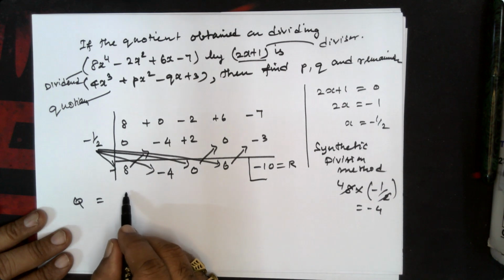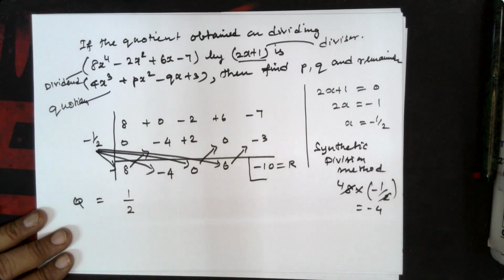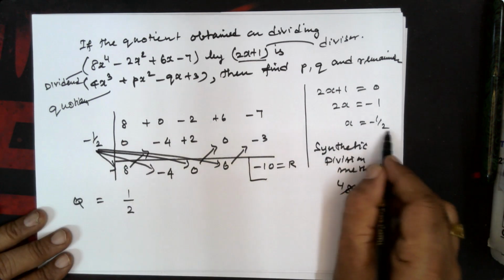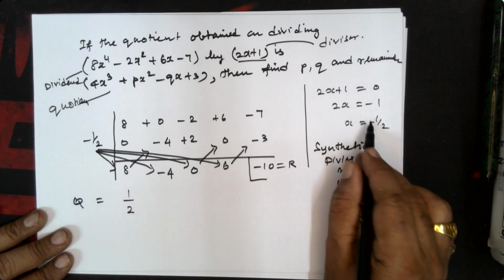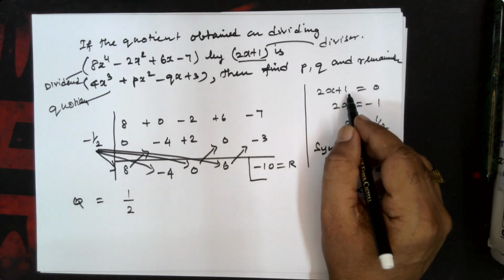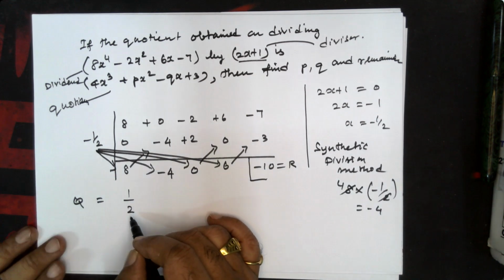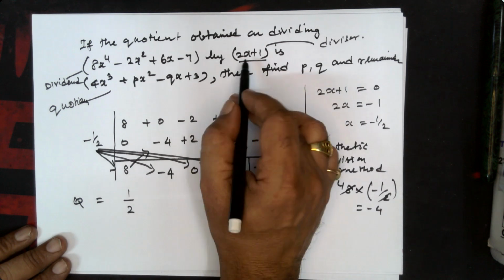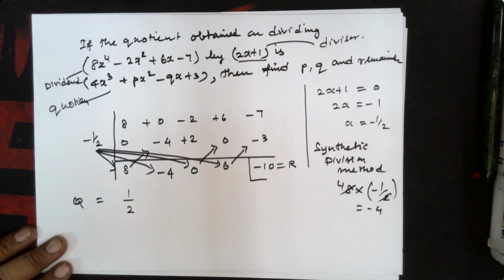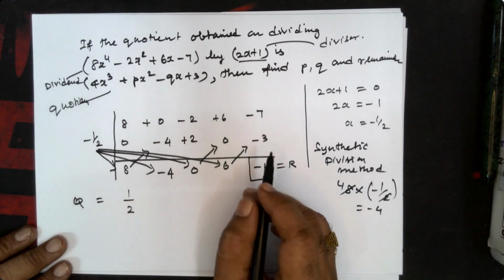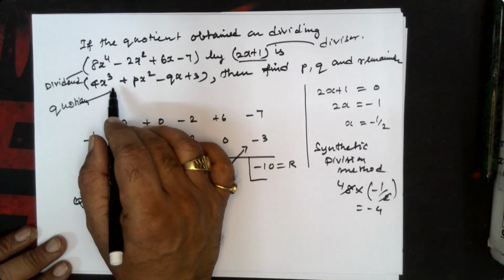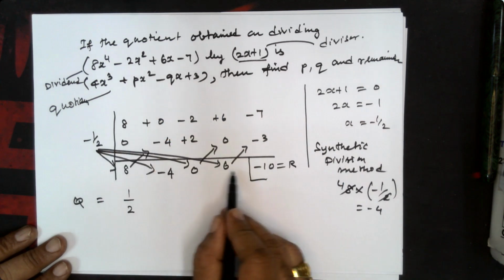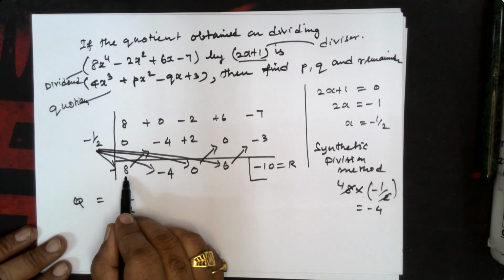So you can take the 1 by 2. And what is this 1 by 2? This is the value of x obtained from the divisor. Take this as a positive quantity because we already have 2x plus 1. Instead of writing 4x cube, you start with 8x cube, because our leading coefficient is 8.